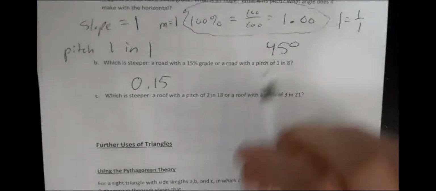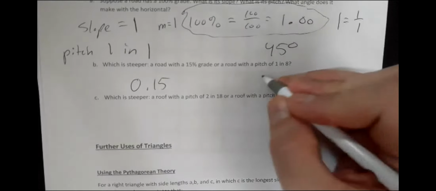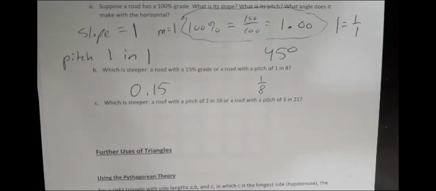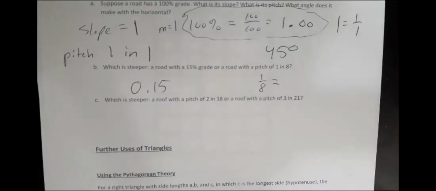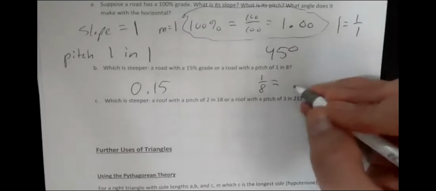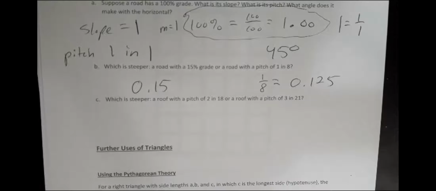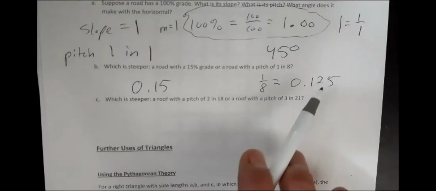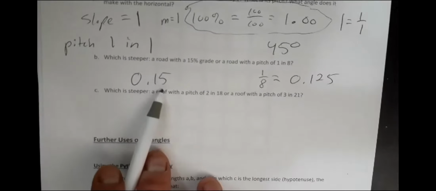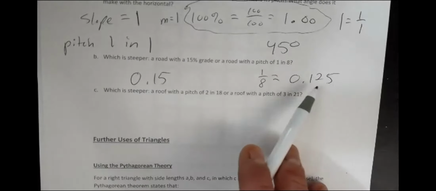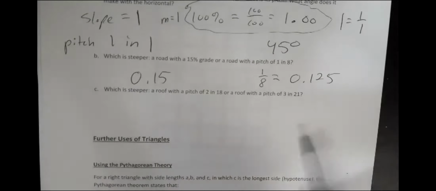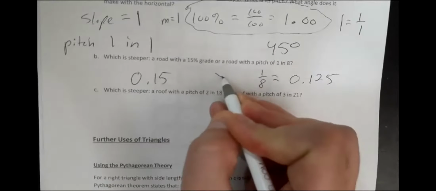If you have 1 and 8 pitch, you can put that as a fraction. If we convert 1 and 8 to a decimal, by hand or in your calculator, it gives you 0.125. If we're comparing these two things, I'm looking at 0.15 versus 0.12. So this 5 is larger. So I can say that this is larger.